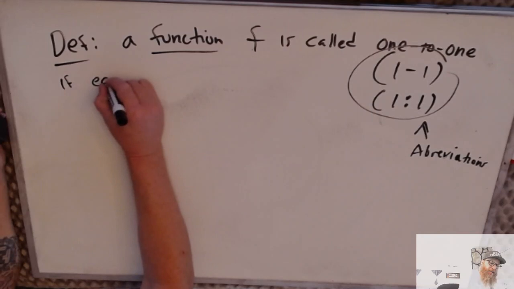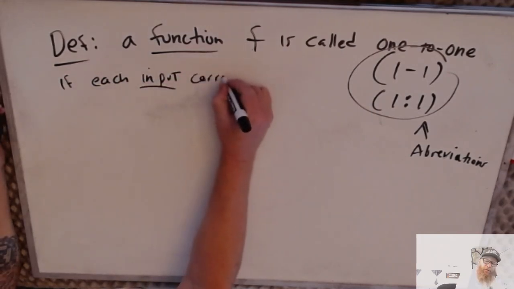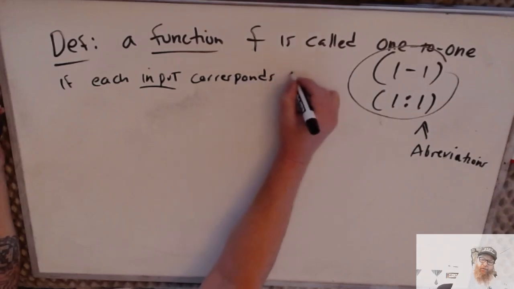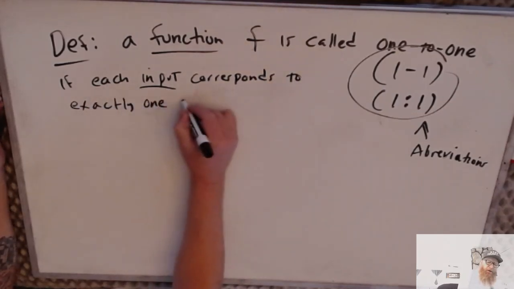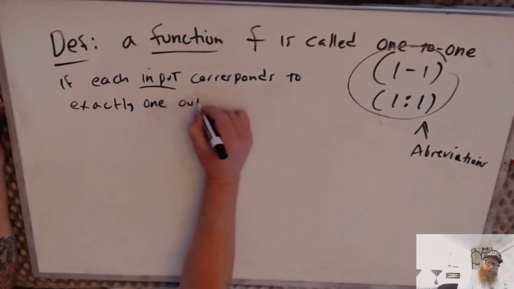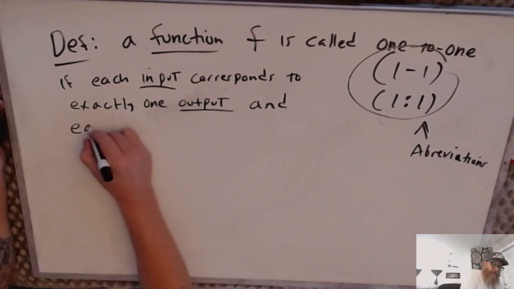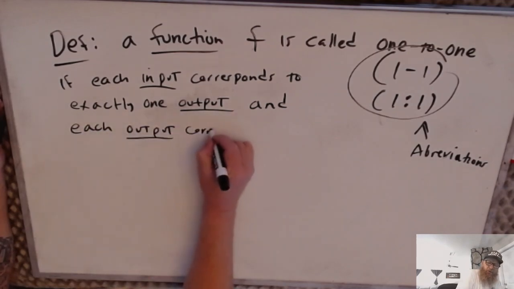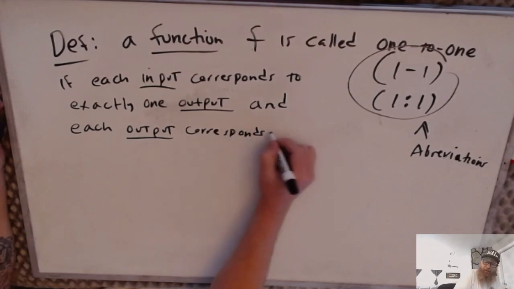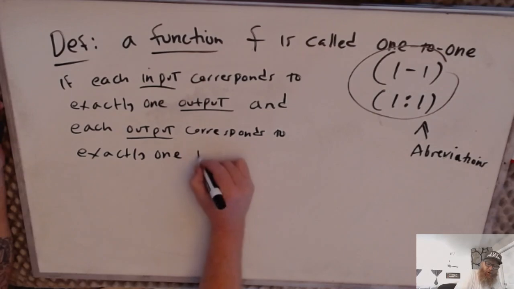If each input corresponds to exactly one output, and each output corresponds to exactly one input.